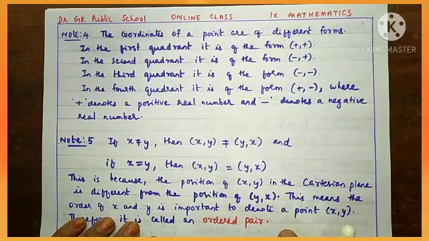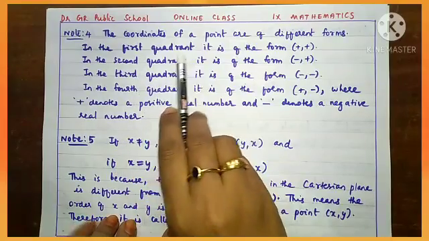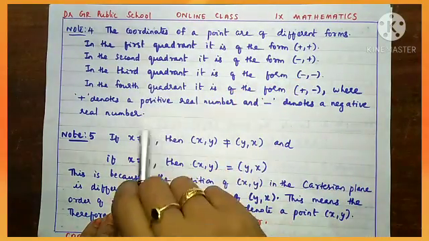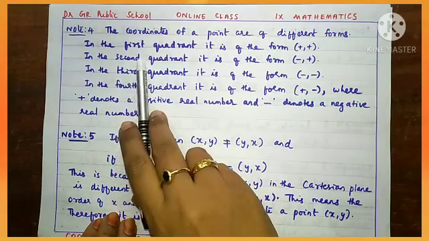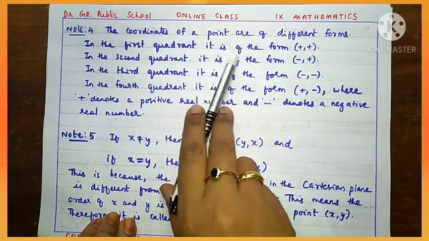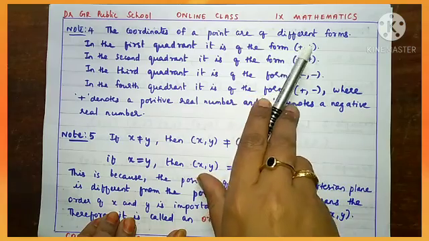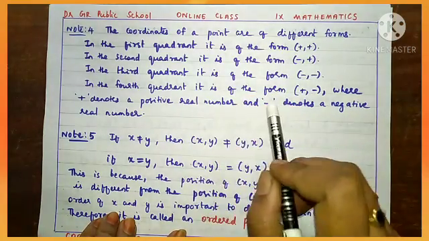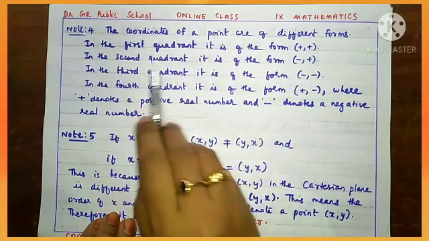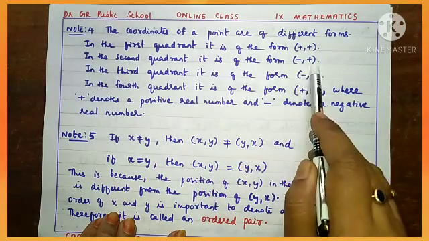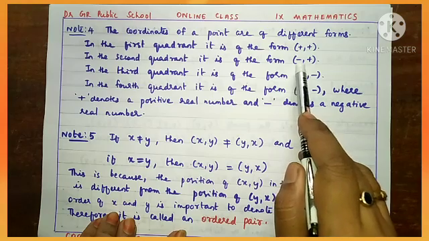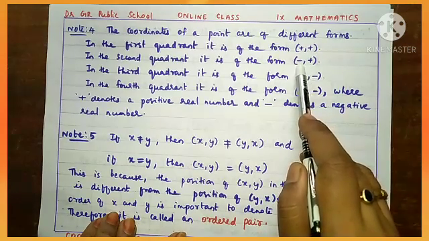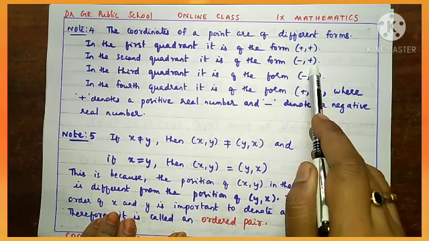Now the next note is, the coordinates of a point are of different forms. Whenever we represent a coordinate, there will be different forms. What are they? In the first quadrant, it is of the form (+, +), which means both x and y values are positive. In the second quadrant, it is of the form (-, +). The first one is always the x coordinate, so in the second quadrant the x value is negative and the y value is positive.